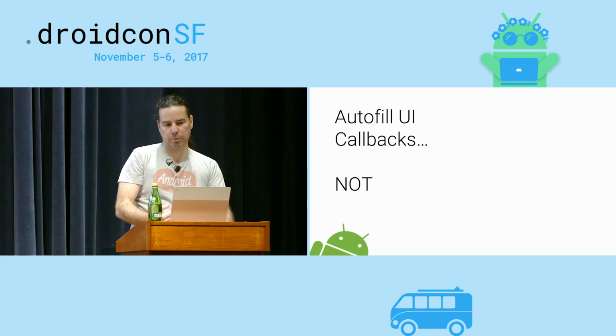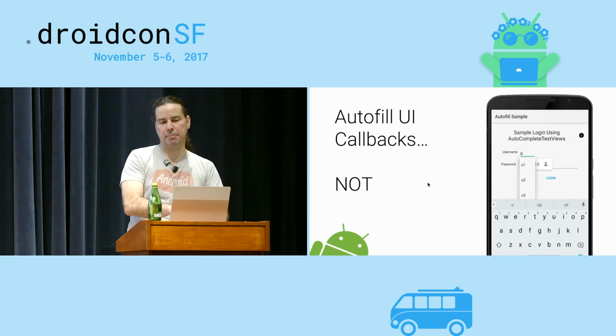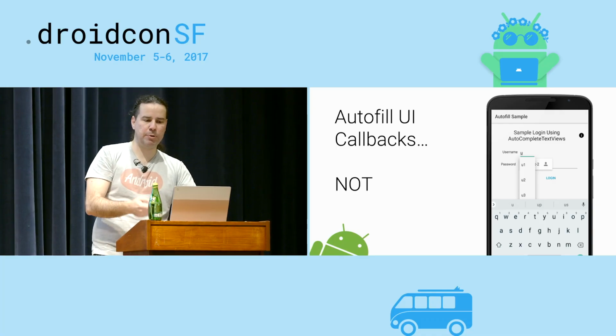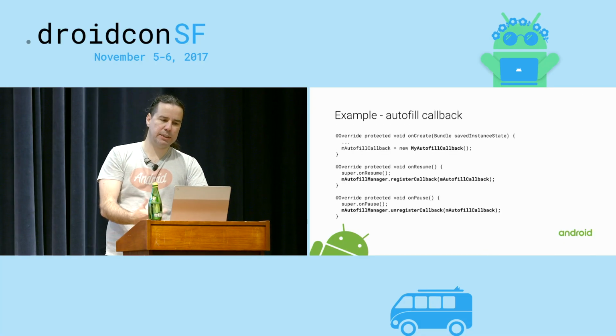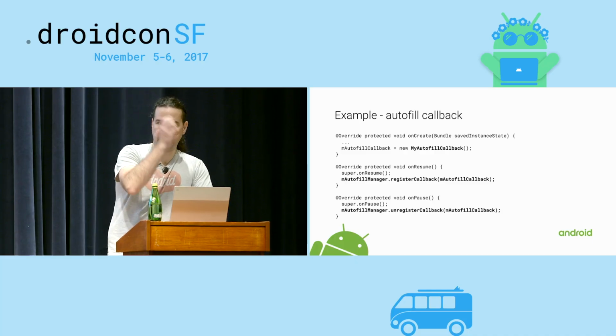Just to show what happens if you don't do that, you might end up in a situation like this. The user starts to type something, and we're going to be getting a UI from your pop-up window. So to avoid this scenario, you create a new autofill callback. You register that callback on resume and you unregister on pause.